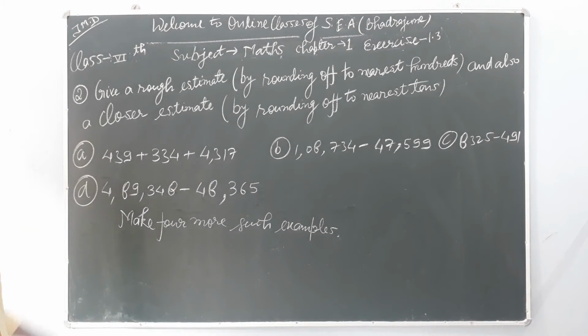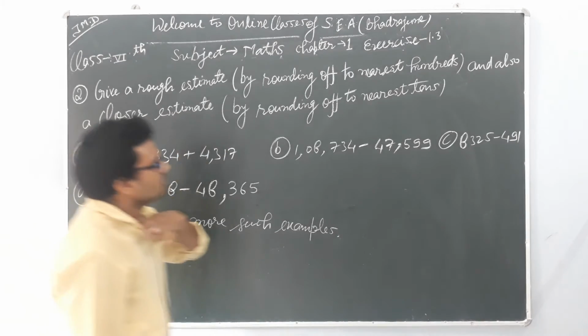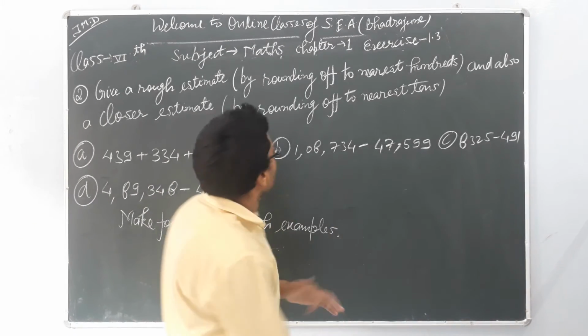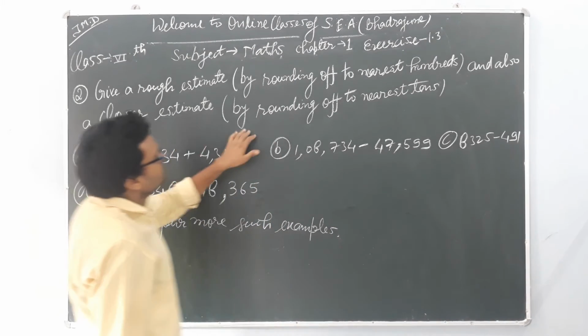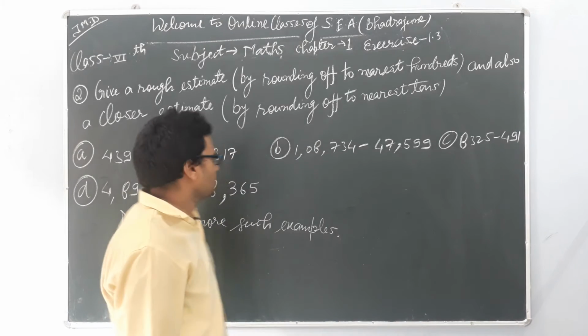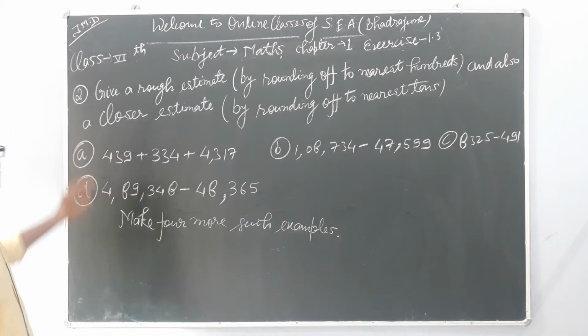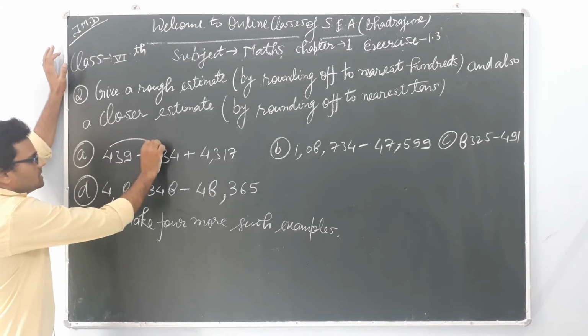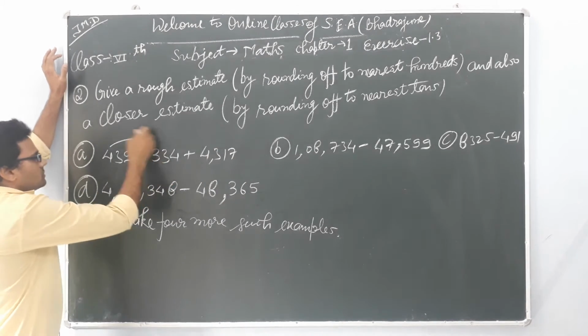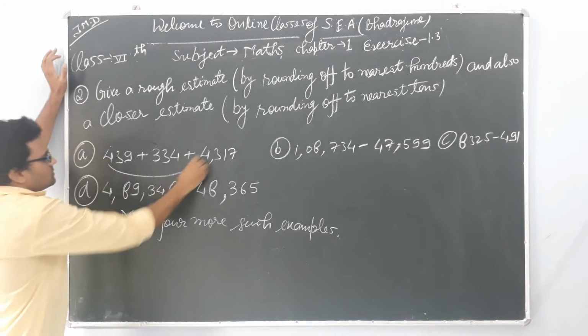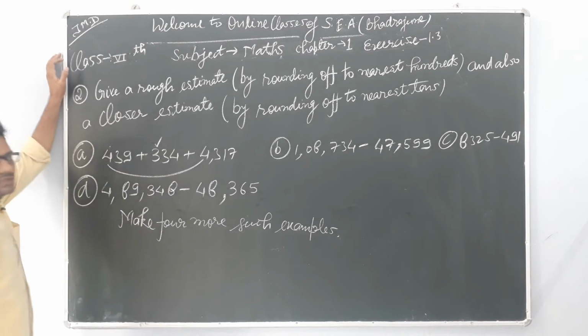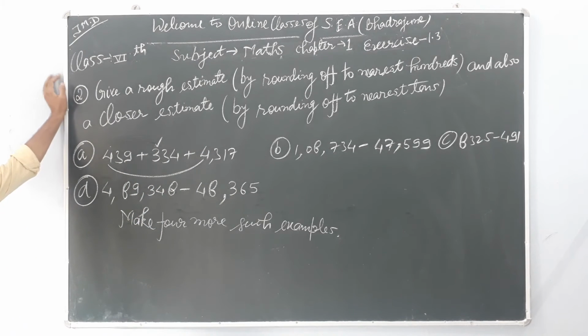Give a rough estimate by rounding off to nearest hundreds, and also a closer estimate by rounding off to nearest tens. So listen, first we will add this. 4 plus 4 is 8, 8 plus 3 is 11.